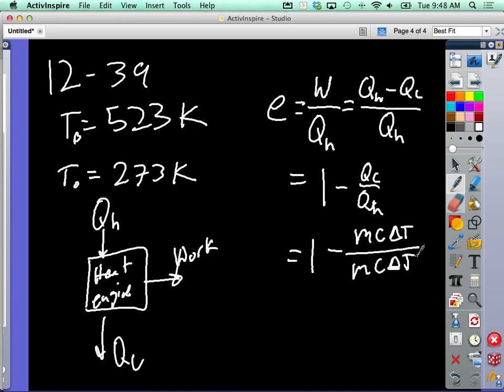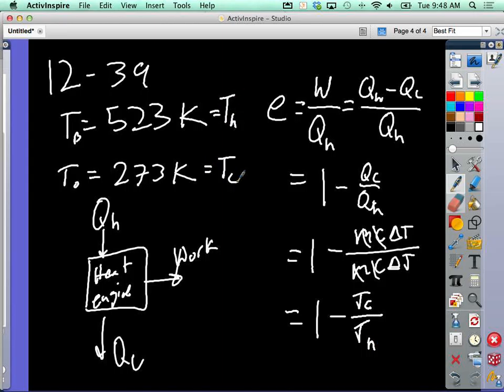What's true about these masses? Same. What's true about those specific heats? Same. So what we actually get is TC over TH. And do we have TC and TH? Absolutely. This is TH, this is TC.